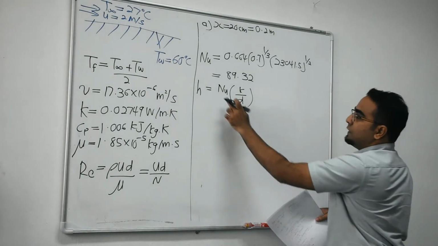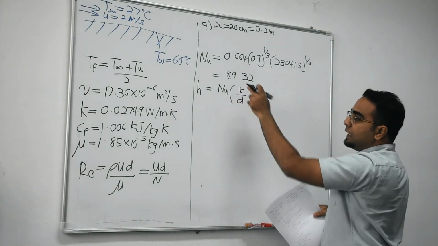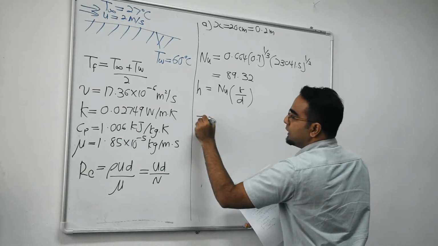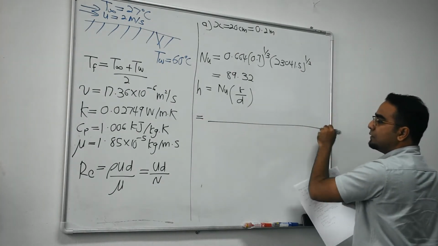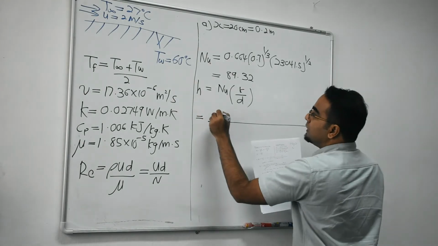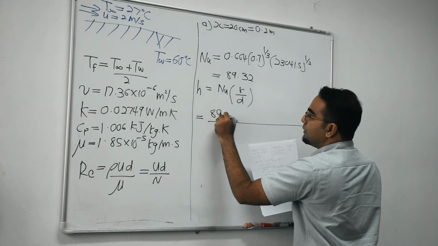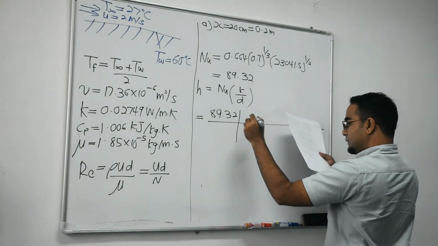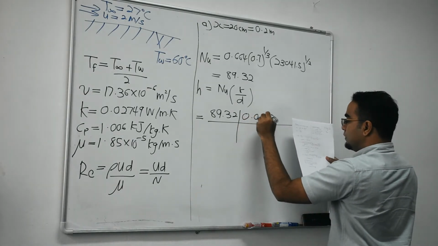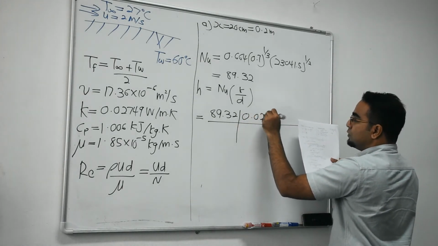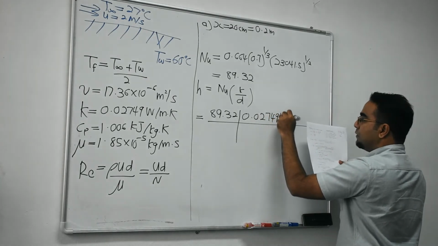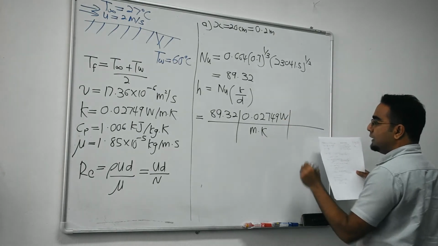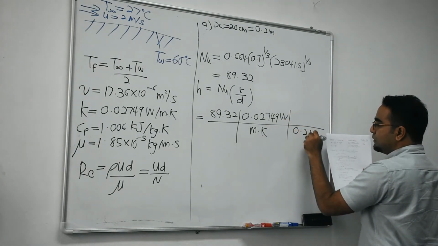So we have calculated the value of Nusselt number, we know the value of k, and we know the value of our characteristic length. So we can get the value of h equal to 89.32. The value of k is 0.02749 watt per meter Kelvin divided by 0.2 meter.